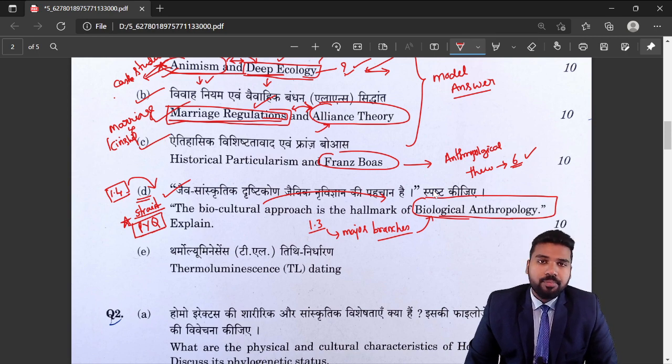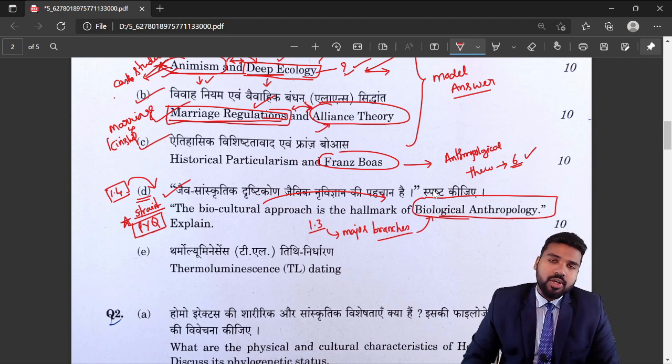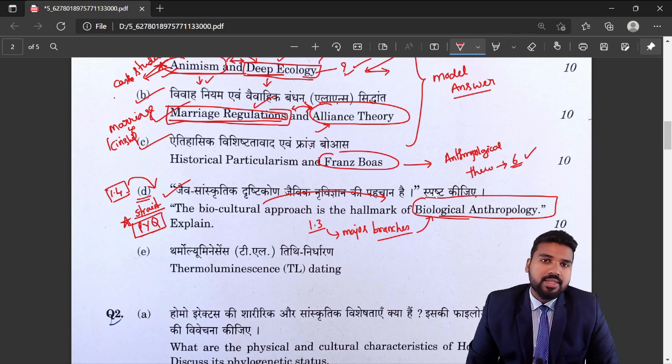Similarly, we have preferential ones where cross cousin marriages are preferred, or it may be exogamy or it may be endogamy. Different kinds of things are being taken for making these alliances. So you will have to approach it with that in mind, right?